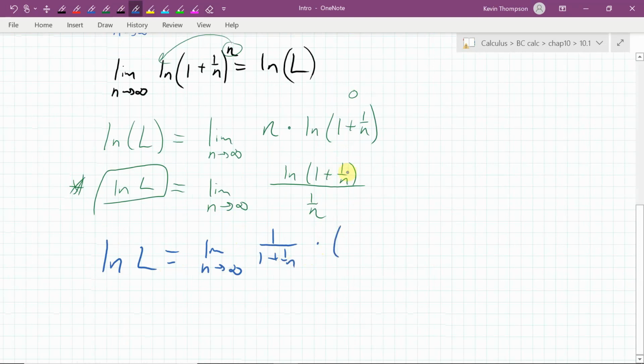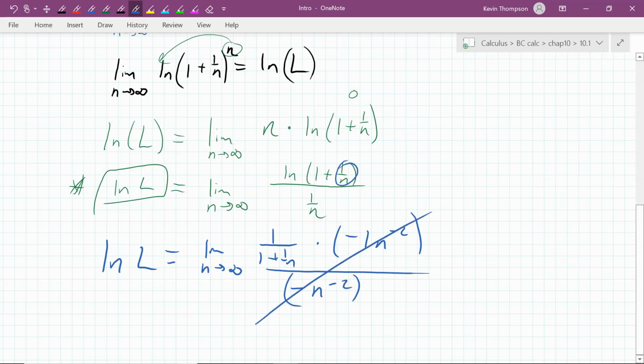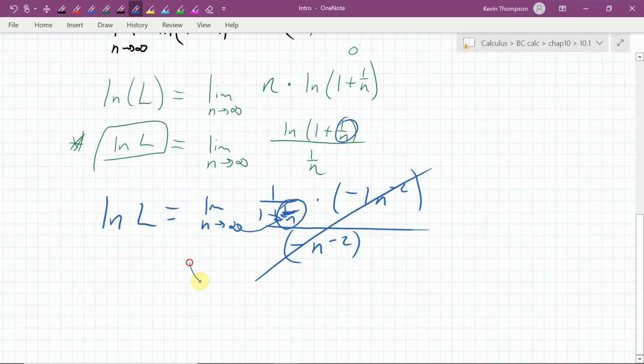Chain rule, you're taking this derivative of n to the negative 1, so minus 1, n to the minus 2. That's actually what the denominator is, which means those should cancel. And now if n goes to infinity, that part goes to 0. So this side ends up being the number 1.